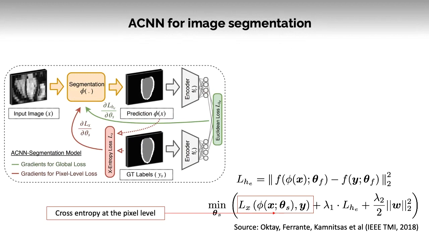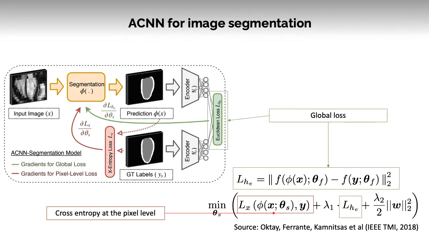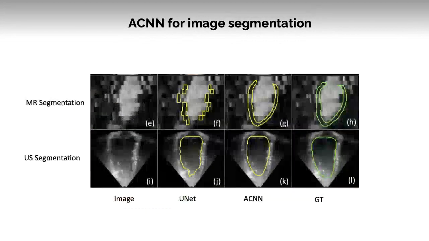The first term is going to be the standard pixel level cross entropy, dice, whatever. The second term will be the Euclidean distance between the embeddings of what my network produced and the ground truth of my segmentation. This will make this comparison at these two different levels, and we try to encourage the network output to be anatomically close.